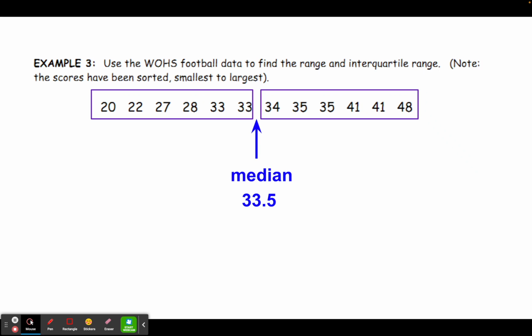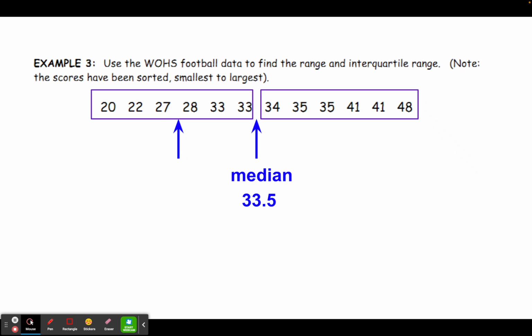Now I have two halves of my data, and I can take each half and split it again in half. When you do half of a half, you're finding a quarter, and that's basically what a quartile is. For the bottom 6 scores, the middle would be in between the third and the fourth score, so I'm splitting that group of 6 into two groups of 3.